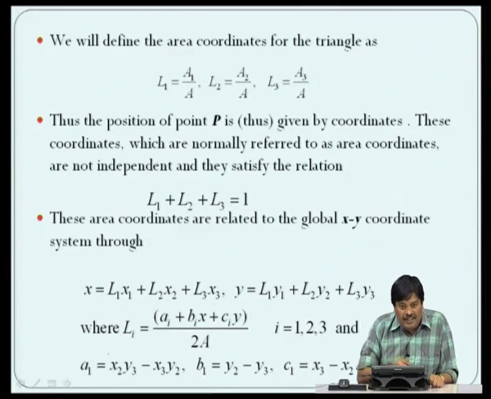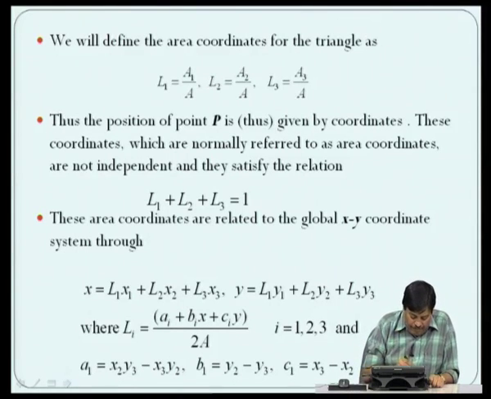From this we can derive the expression between L and the coordinates, that is, Li will be (Ai plus Bi x plus Ci y) by 2A, where A, B, C are given in terms of the coordinates. So L1 will be A1, B1, C1, L2 will be A2, B2, C2, and the rest are all cyclic permutations which we can get.